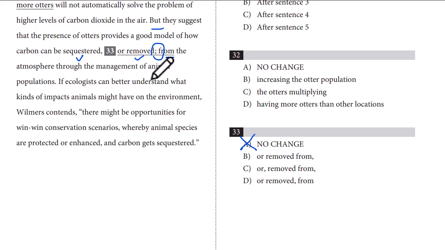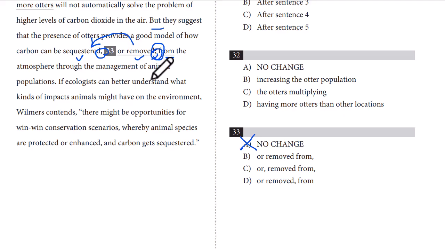And that's good because that could be a little sneaky or trouble unless you knew sequestered and removed are basically the same thing. But they are. So what's going on here really? We're kind of defining sequestered because that's a word somebody might not know. So we're probably going to put this in commas. Sequestered, comma, or removed, comma, from the atmosphere.